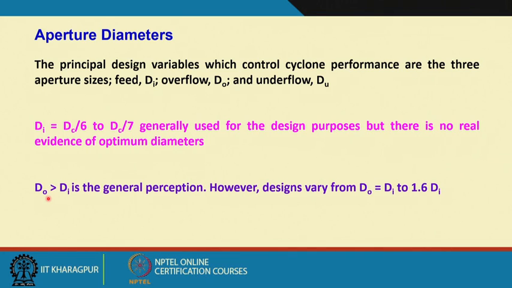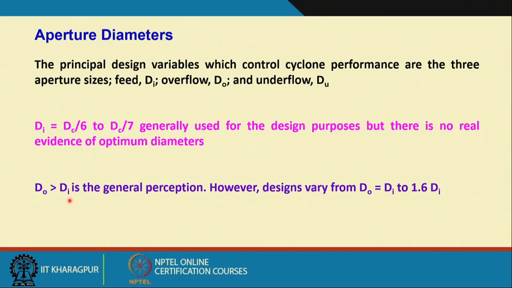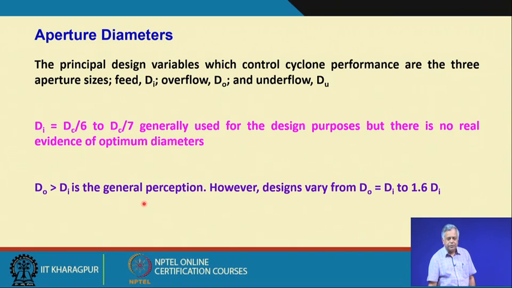So, DO, that is your overflow diameter, the vortex finder diameter, is generally greater than your DI. That is the general perception, that it is normally bigger than your inlet diameter. However, designs vary from DO equal to DI, to 1.6 times the DI.